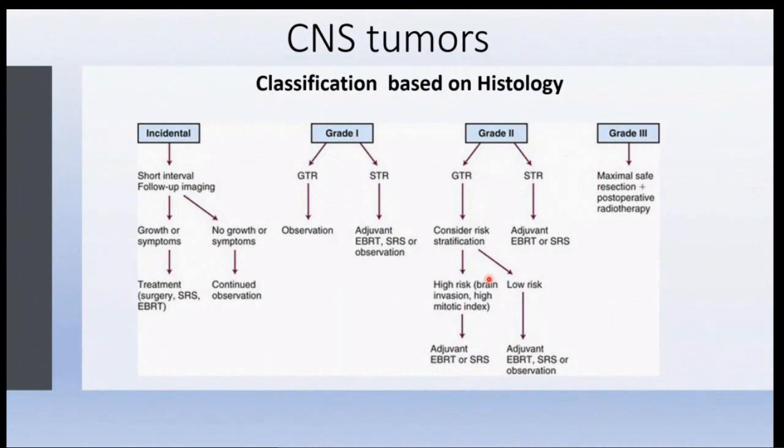How we treat them, because most of the time these are benign grade 1 tumors, depends on their symptoms. So if these are incidental, for example, let's say somebody had a fall and needed a CT scan, and we do the CT scan and find incidentally a meningioma that would not explain why he had the fall or the collapse, we do short-interval follow-up imaging and look at the rate of growth.